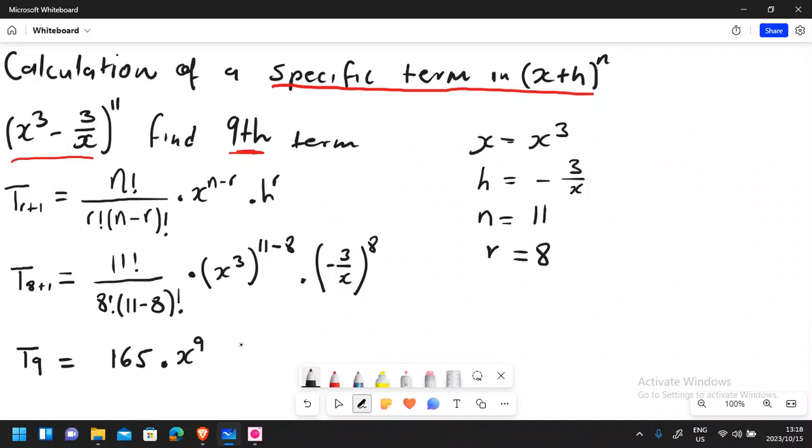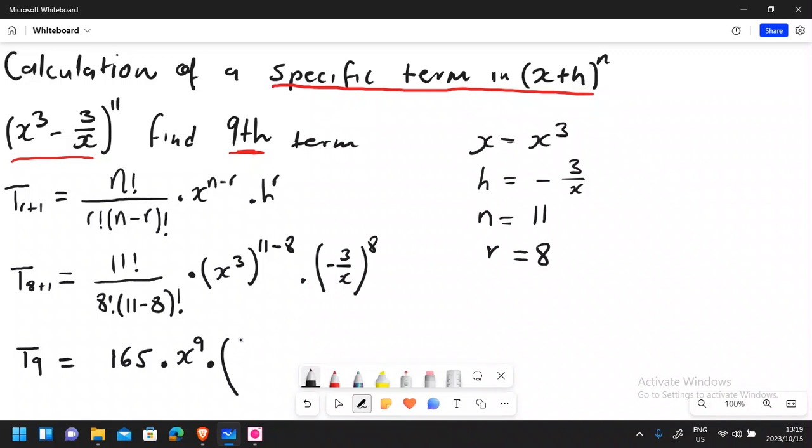So what is going to be our answer here inside the bracket? Let me just continue and put it inside the bracket. We have a negative here, so if we have an exponent which is an even number, whatever the answer is going to be positive, so we are fine there. But then what is 3 to the power of 8?